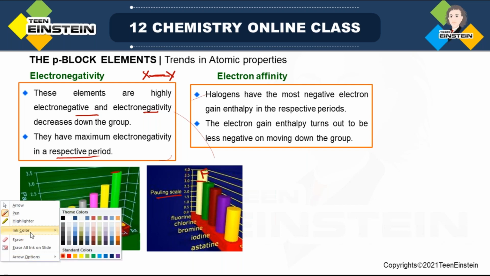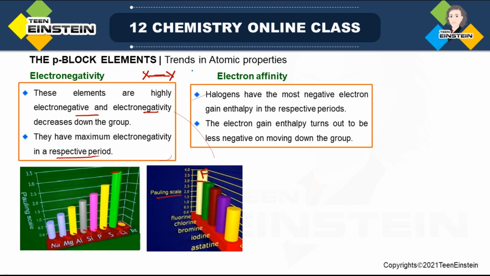If X is more electronegative than Y, then the electron density will be closer towards X, so negative charge will be developed, δ minus and δ plus. This property is electronegativity, the capacity to draw electrons.